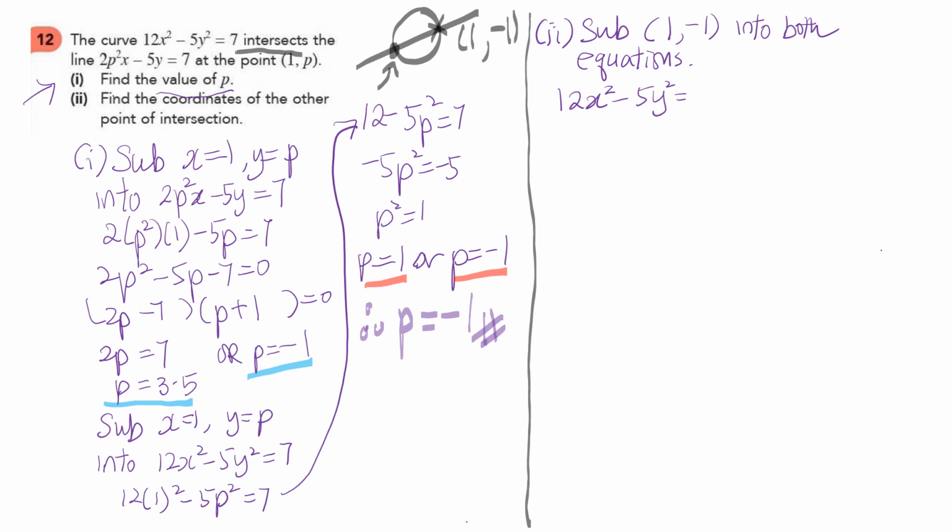So we're just going to substitute into the second equation, 2p squared x minus 5y equals 7. Sorry, we don't substitute (1, negative 1). What am I doing? We're just going to substitute p equals negative 1 into this equation.